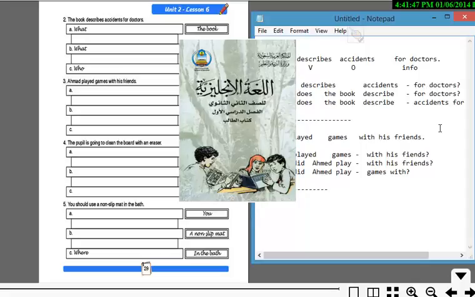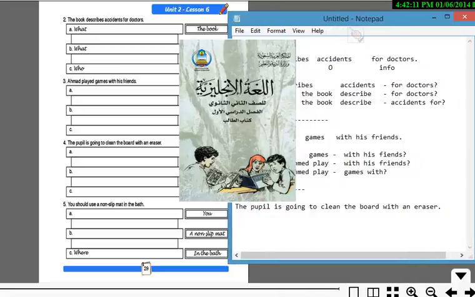Anyway, let's move on. The pupil is going to clean the board with an eraser. Let me separate them for you, no problem.